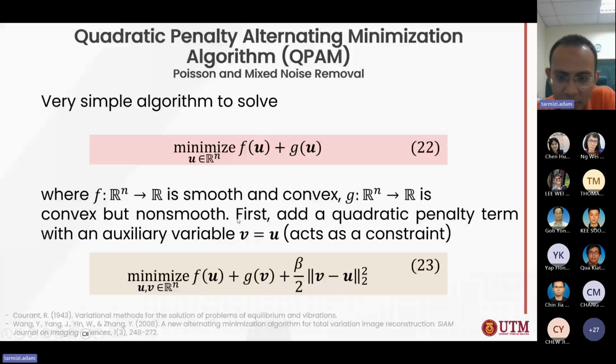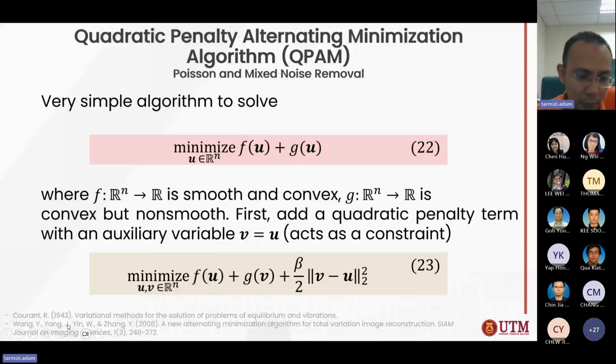What you do is first add a quadratic penalty term with an auxiliary variable for U. This actually acts as a constraint, and then you will have this equation 23 over here. This is the quadratic penalty that we add to problem 22 over here. It's actually a very old method that comes from Richard Courant.